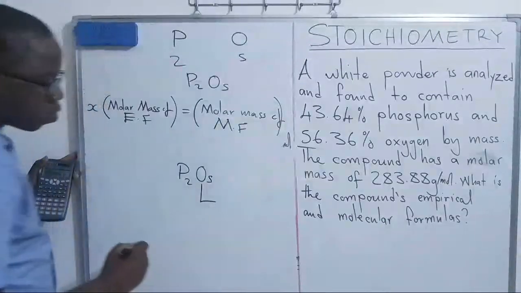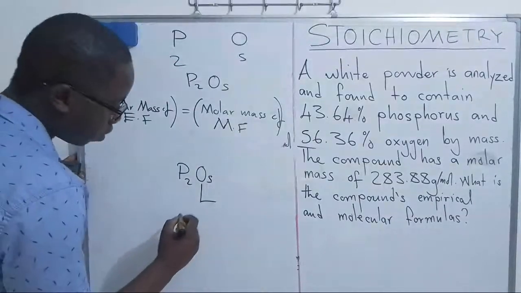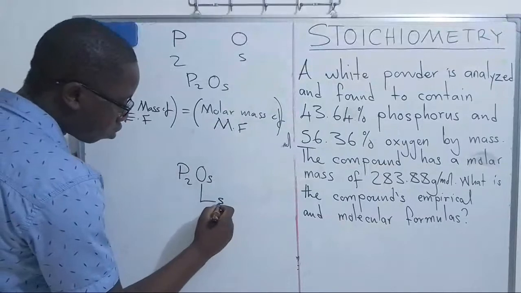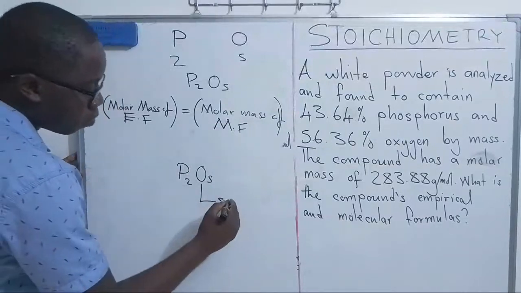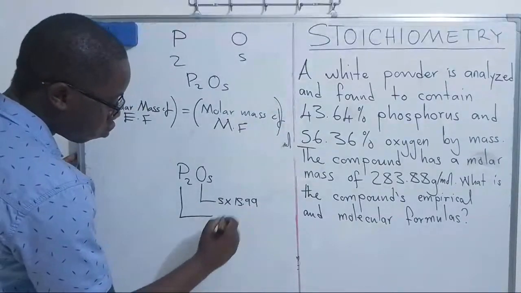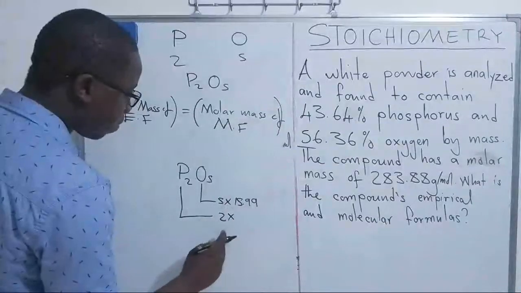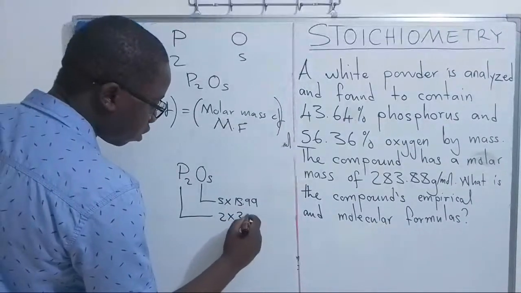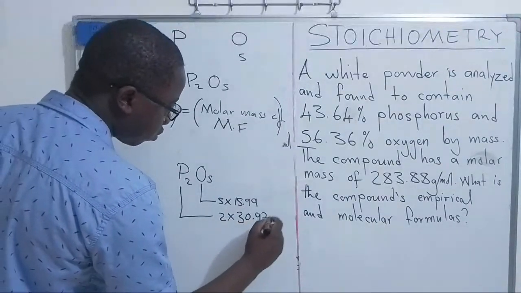So we can find the molar mass of this. We have 5 atoms of oxygen multiplied by 15.99, and for phosphorus, 2 atoms multiplied by 30.97.